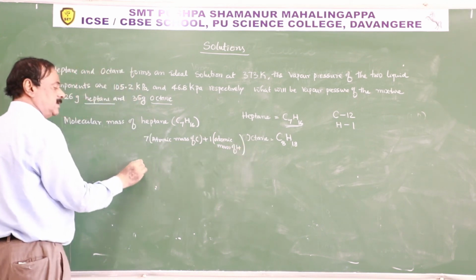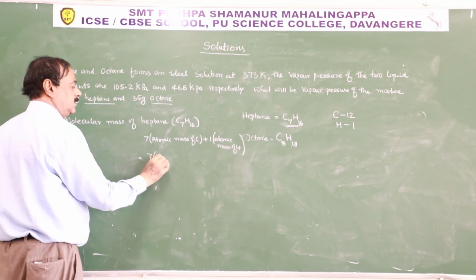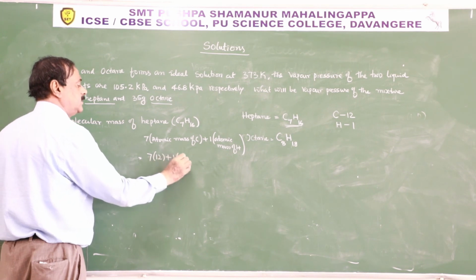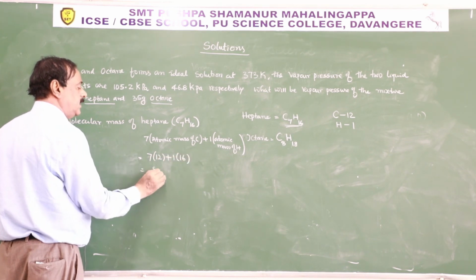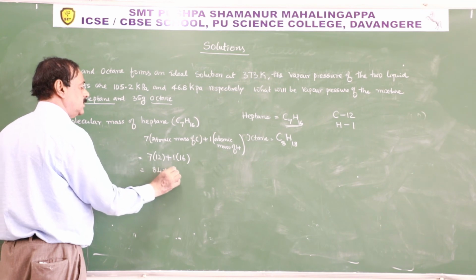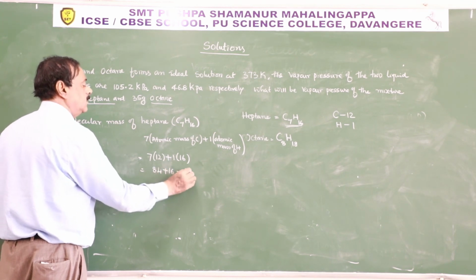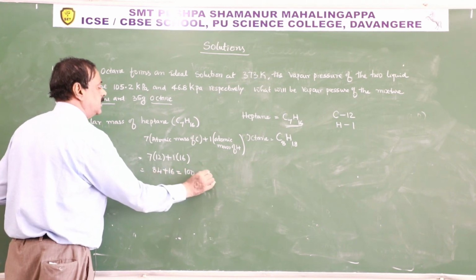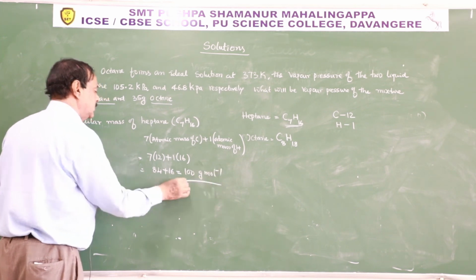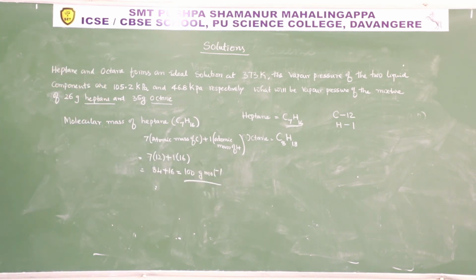What about the total mass? That is 7 into 12 plus 16 into 1, that is 84 plus 16, that is equal to 100 gram per mole. That is the molecular mass of heptane.